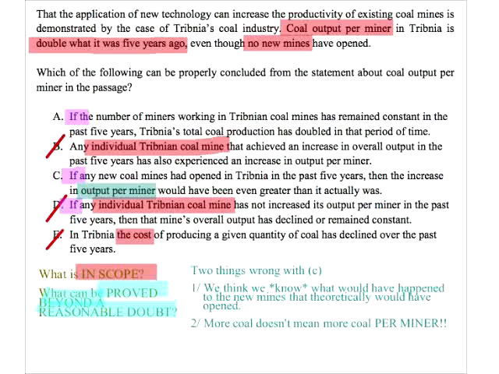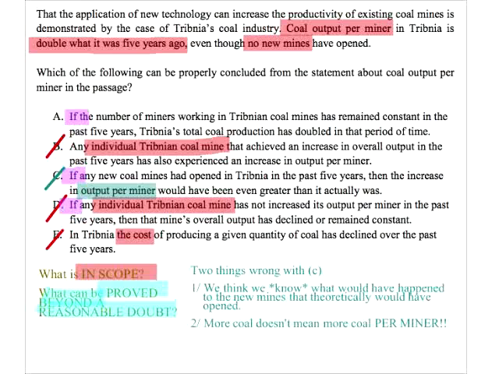If I drive 1,000 miles and then I walk 10 miles, then the 10 miles that I walk will definitely increase my total mileage, but they will not increase miles per hour because it's much slower than driving. So, even if you had a mine that opened and produced a whole bunch of coal, it could still lower the coal output per miner if it wasn't as efficient as other mines. So choice C, I wouldn't necessarily say it's out of scope, but it's just not right, given what we have here. It's making assumptions that we can't make.